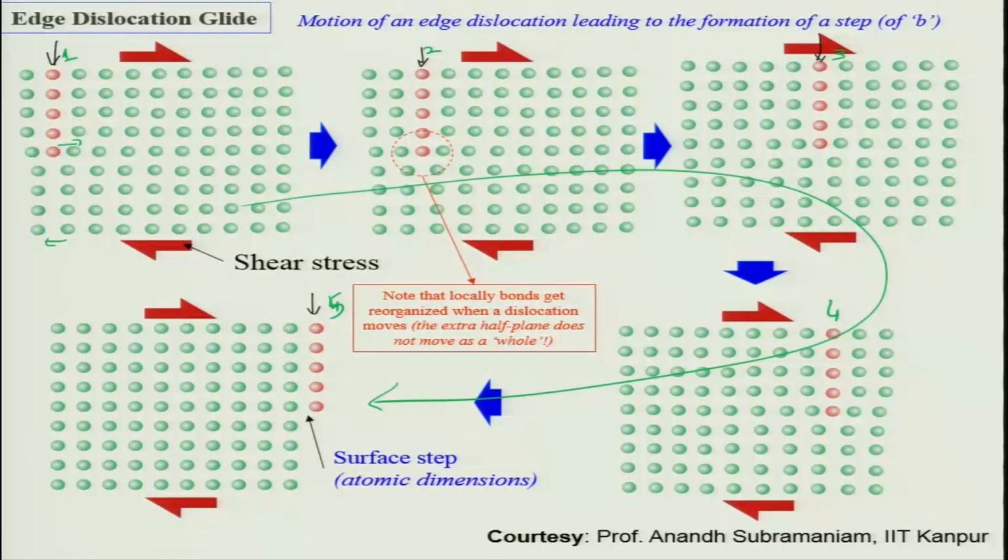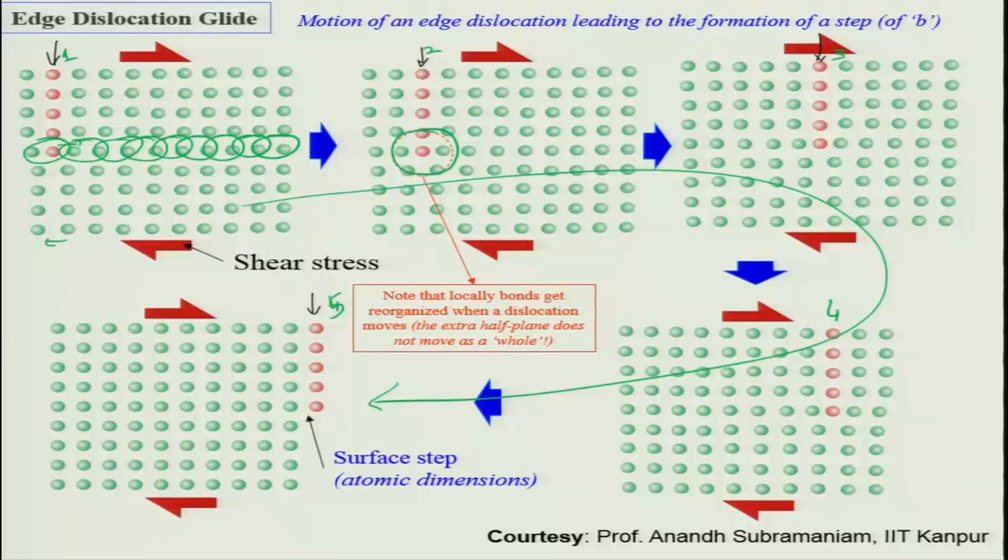Basically, what happens here is that when the dislocation moves, initially it had bonds with these two atoms, then it creates bonds with these two atoms, then with these and these. So, essentially it needs to break bonds with one of the atoms. These bonds locally get reorganized when the extra half plane appears to be moving.